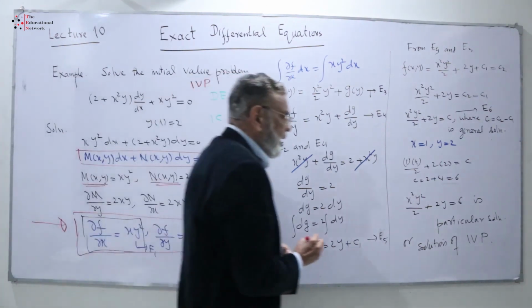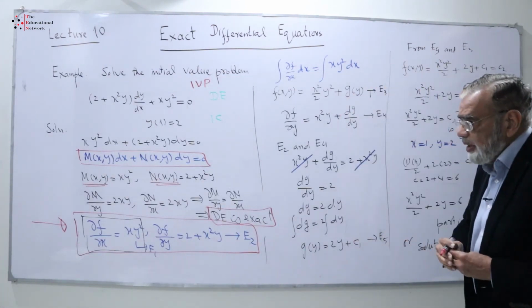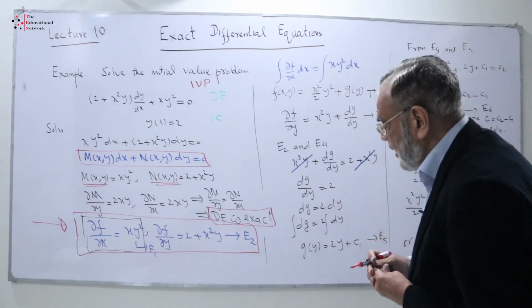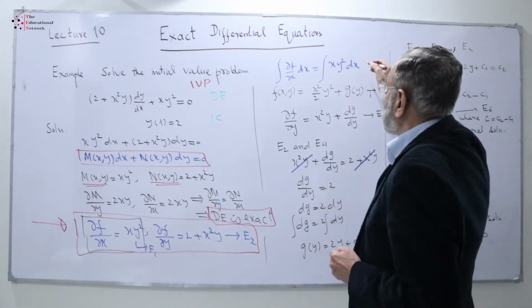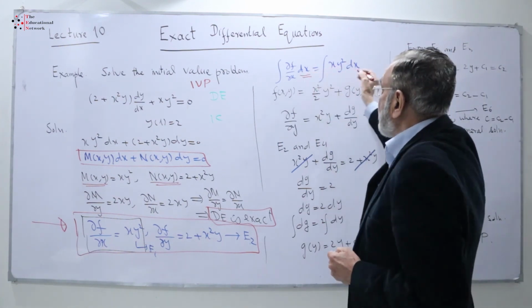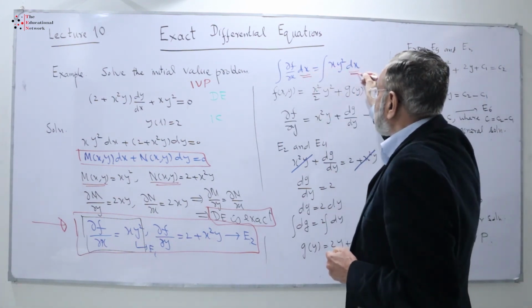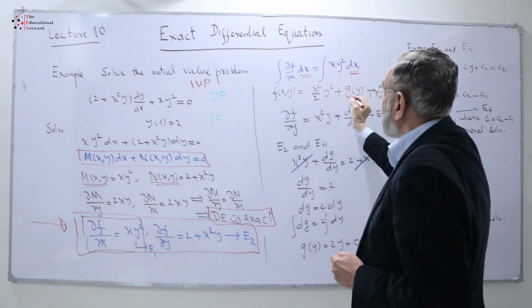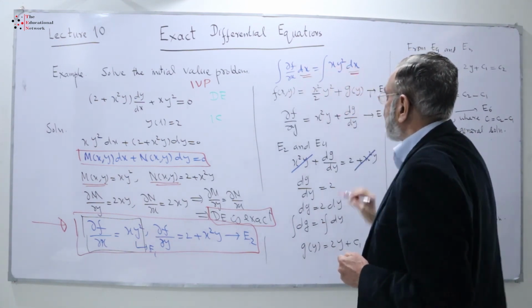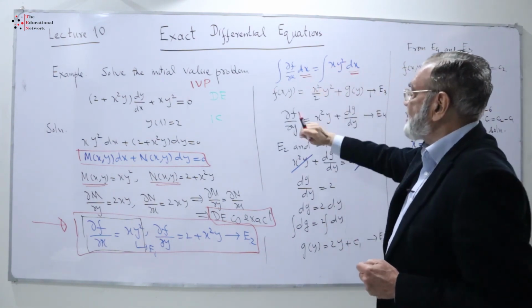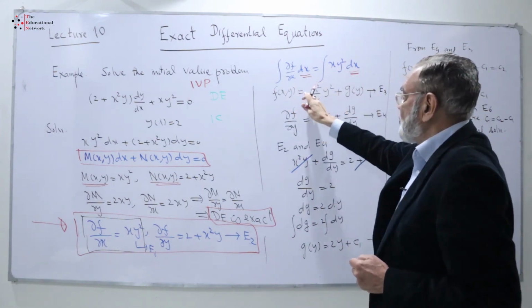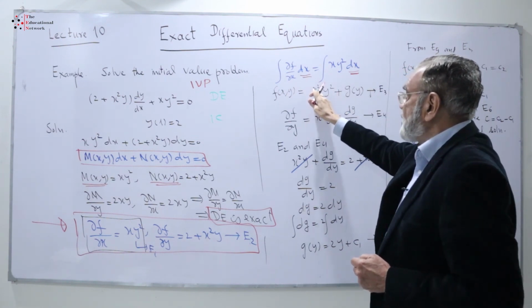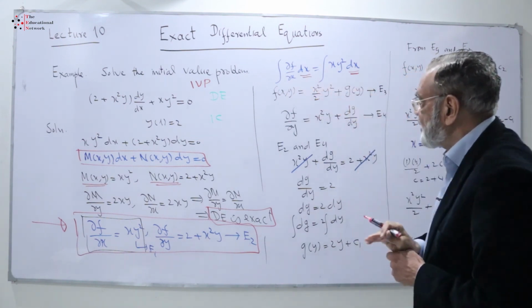So we take the equation E1, and we integrate this partially with respect to x, y is constant, so we get f(x,y) equal to x square by 2 y square plus g of y as the constant, because when we differentiate with respect to x, partial of partial x, we get 2 is constant, x y square plus 0, this will be 0.